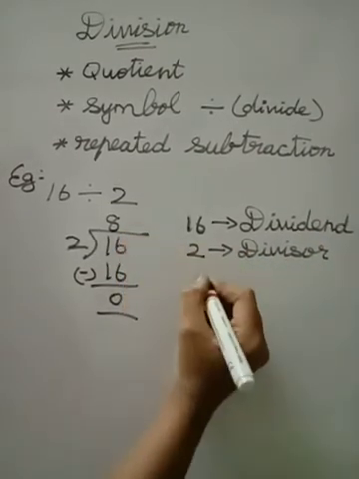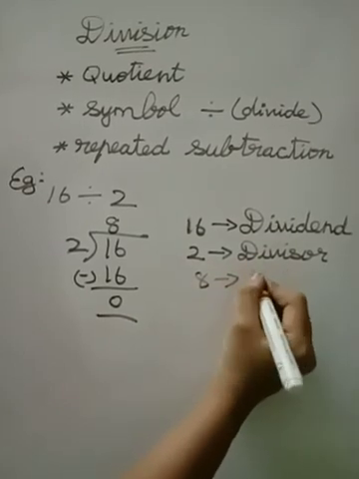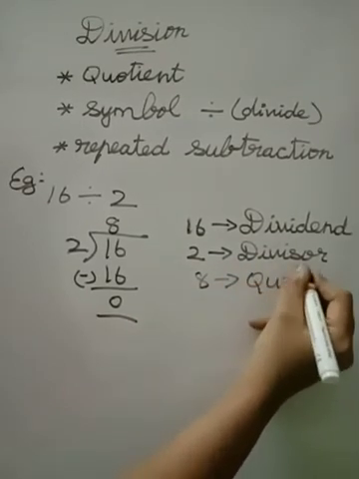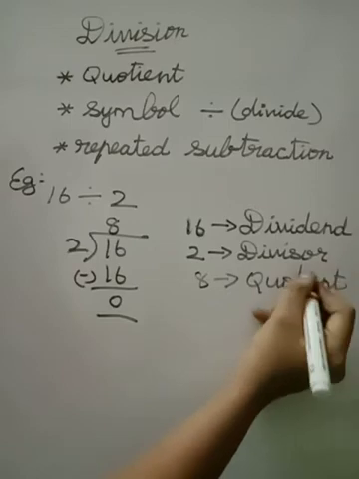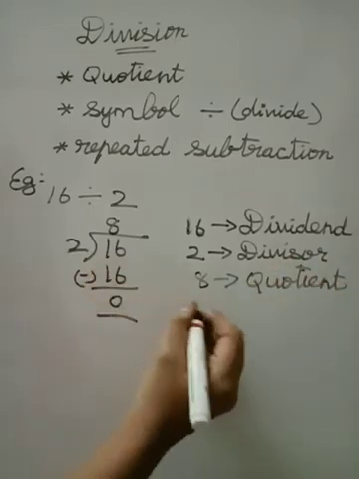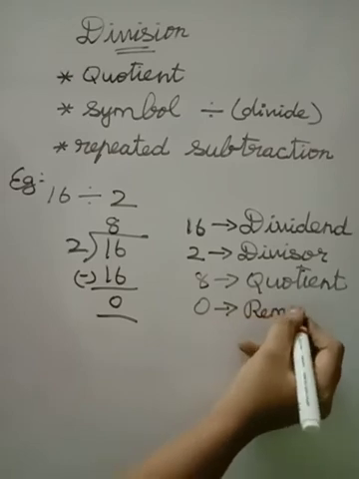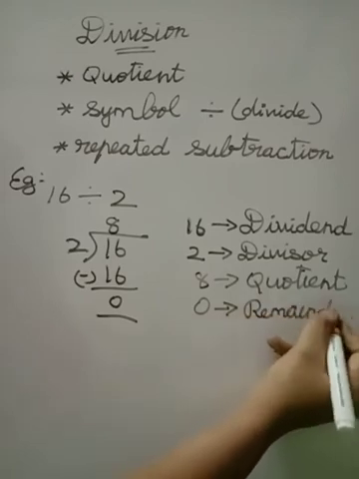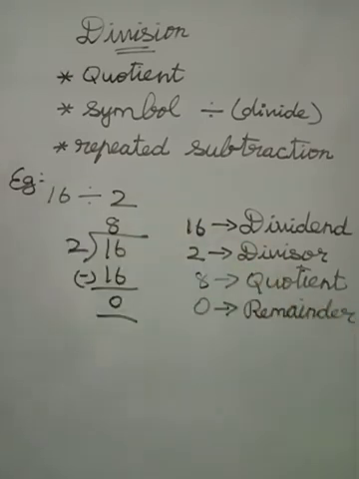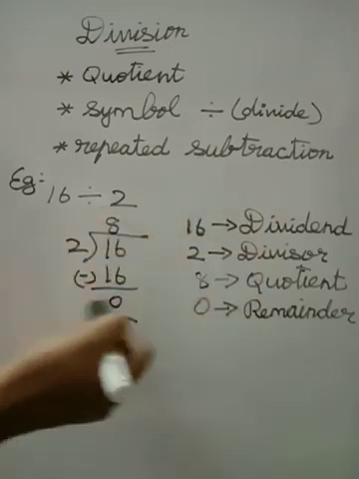And 8, the answer, is called the quotient. And after subtracting, you are getting the answer, isn't it? That is called the remainder. So, dividend, divisor, quotient, remainder. These are the words used in this division.